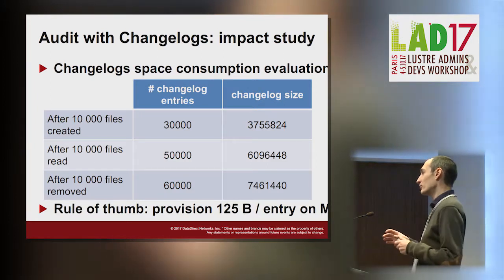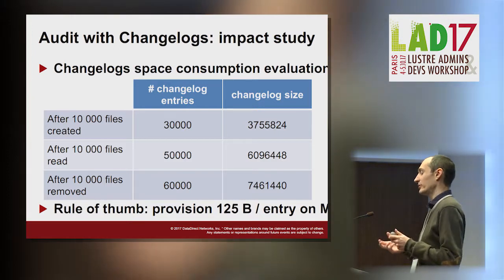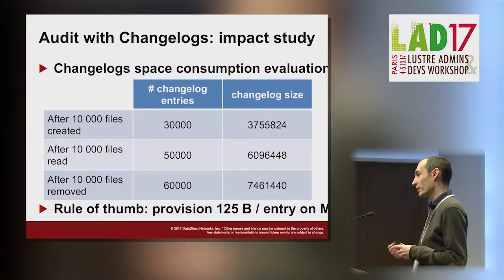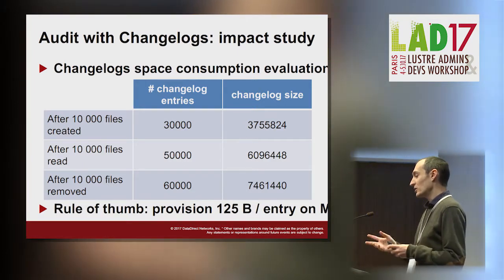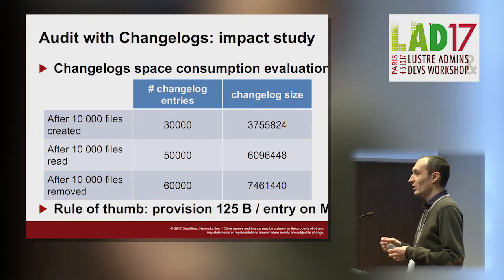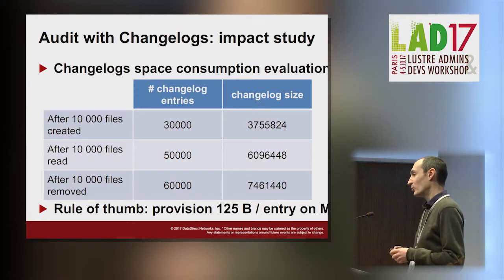So, of course, every kind of changelog entry has a different amount of information, but as a rule of thumb, in this classic access pattern, in order to provision space consumption on the MDT, you have to count 125 bytes per entry on the MDT.